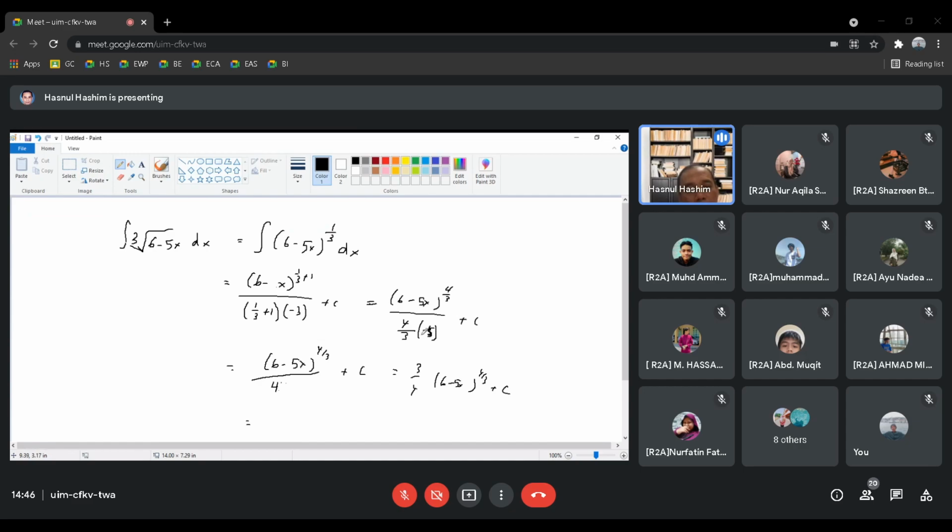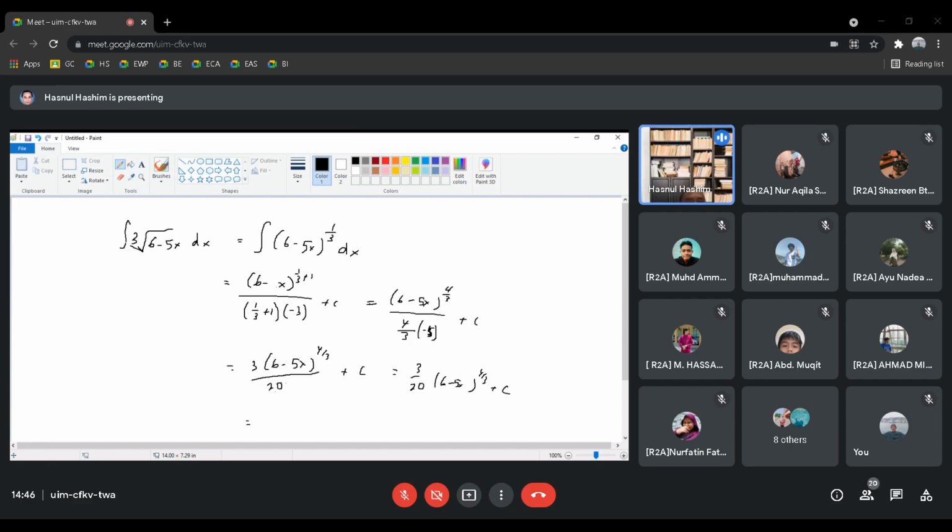Dengan negatif 5, so 20/3. So dapat 3/20. Okay, so ini 3/20. Ada soalan tak?